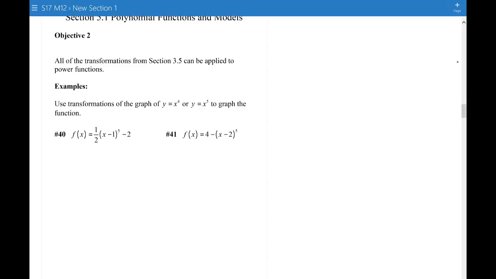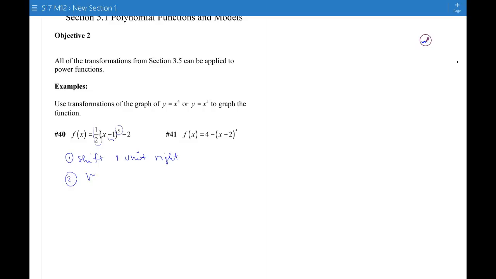So all of the transformations that we've worked on so far can be applied to power functions. So you can see that this is a 5th power graph, so it's going to look like the power function, but the minus 1 is going to shift 1 unit right. Then outside of the function you have a 1/2.